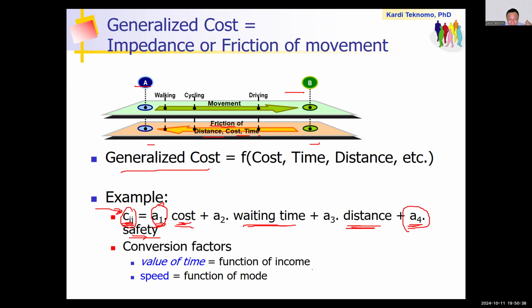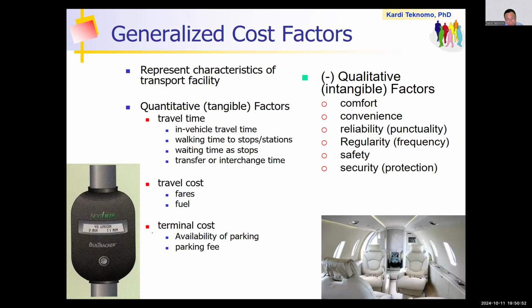Is that clear? So you can also create based on speed, for example, with this function of the mode. So the general factor can include anything. These are the typical factors that you can use.